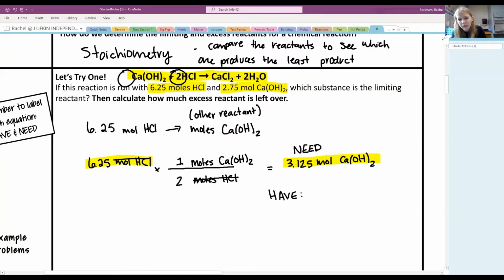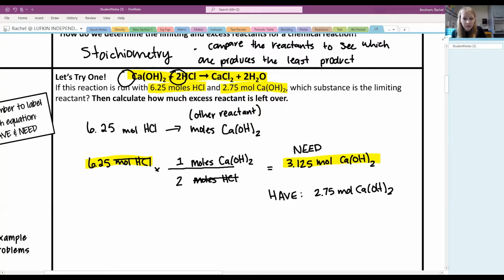How much do we have when you read the problem? We have 2.75 moles of it, okay? So if what you need is more than what you have, then this is going to be what limits us, right? If what you need is more than what you have, that will be your limiting reactant.